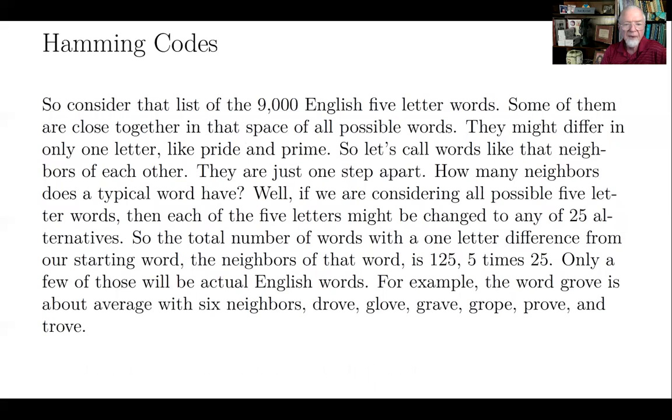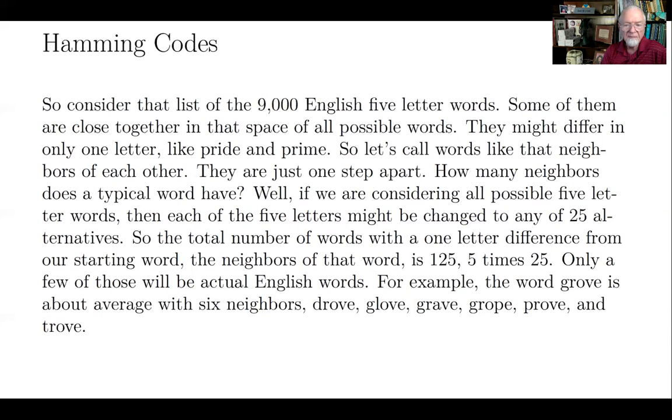So if we had the list of 9,000 English 5-letter words, then some of them are close together, others are quite far. So some might be 1 letter apart, like pride and prime, and we call those neighbors of each other. And how many typical neighbors does a word have?